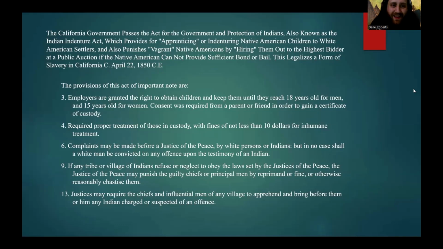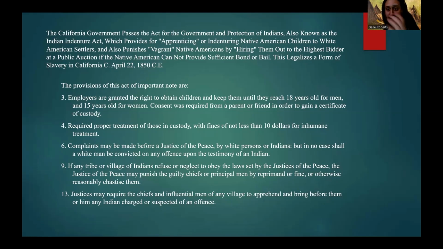And then on April 22nd, 1850 CE, the California government would pass the Act for the Government and Protection of Indians, also known as the Indian Indenture Act, which provided for the apprenticing, or indenturing, of Native American children to white American settlers, and also punished vagrant Native Americans by hiring them out to the highest bidder at public auctions if the Native Americans could not provide sufficient bond or bail.